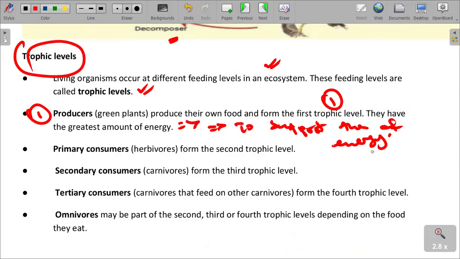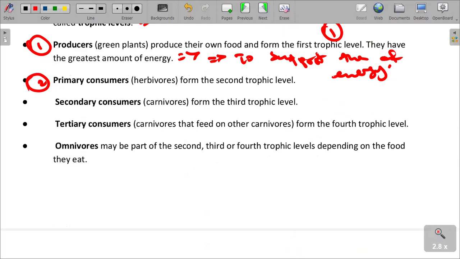throughout the system. So we have got the primary consumer, which we said is the herbivore, which forms the second trophic level. This we have already mentioned and I identified them. The secondary consumer, the carnivore, we are saying it eats what? It eats meat and forms the third trophic level. They are feeding on the primary consumers.